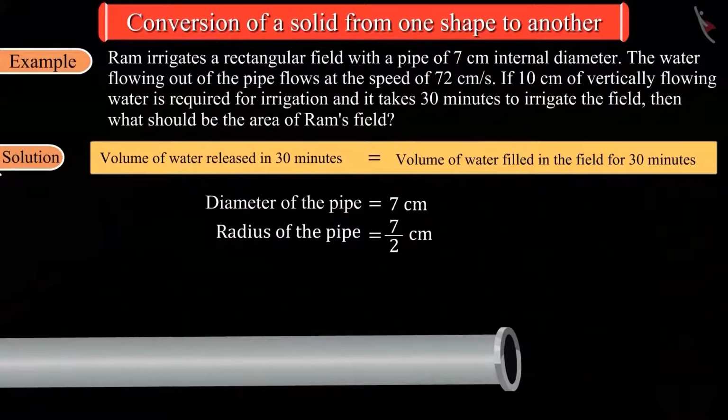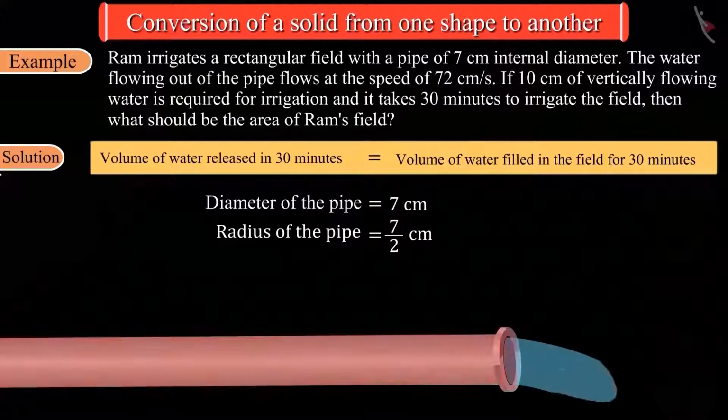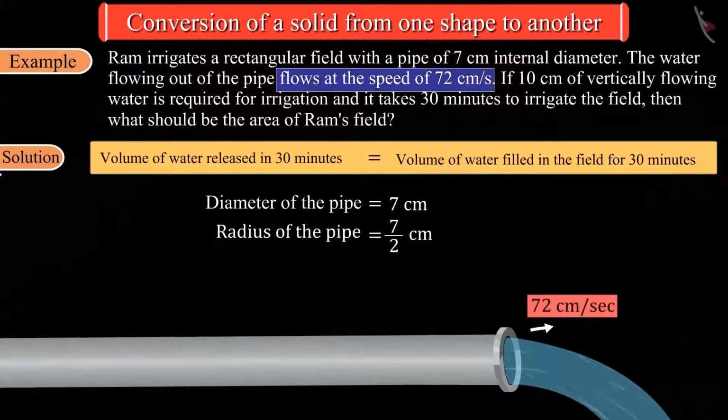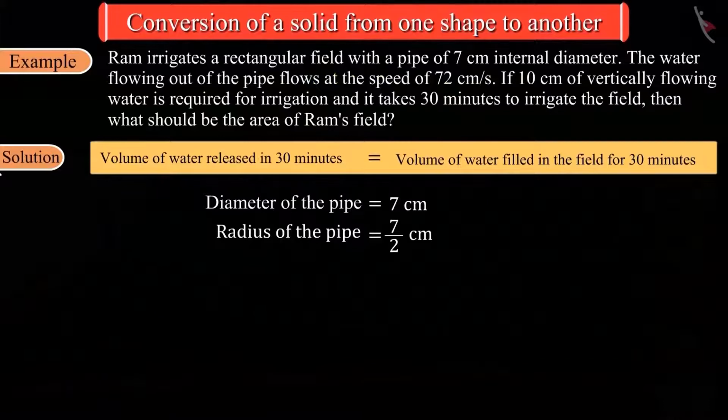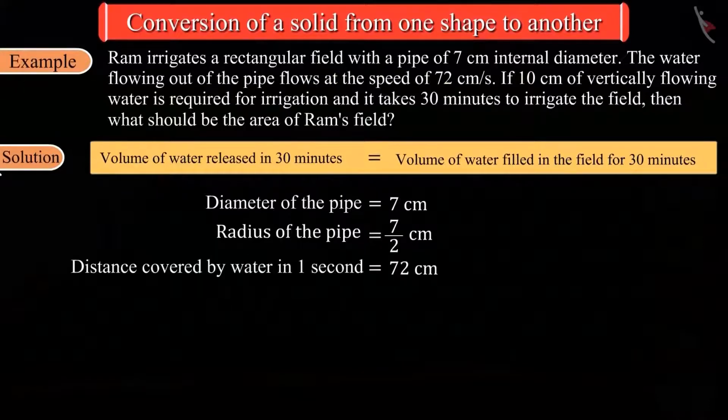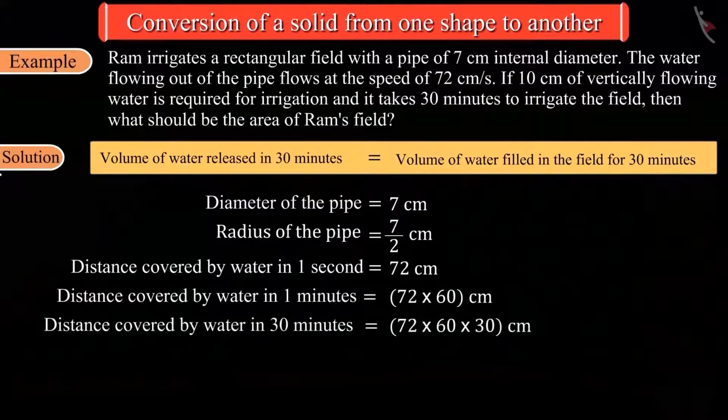Let's assume for a while that the water is flowing out of a never-ending pipe. The question states that the flow of water is 72 centimeters per second. That is, water covers a distance of 72 centimeters in a second. So, the distance covered by water in 30 minutes will be 72 multiplied by 60 multiplied by 30 centimeters.